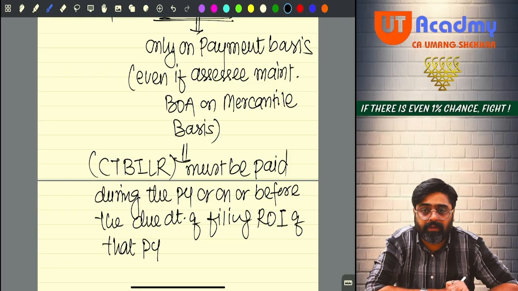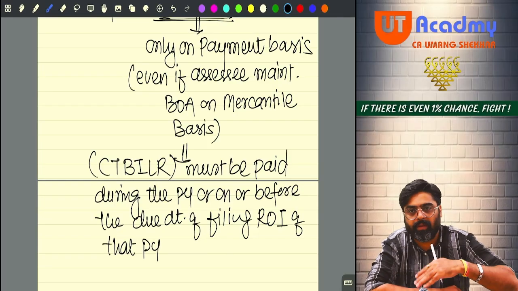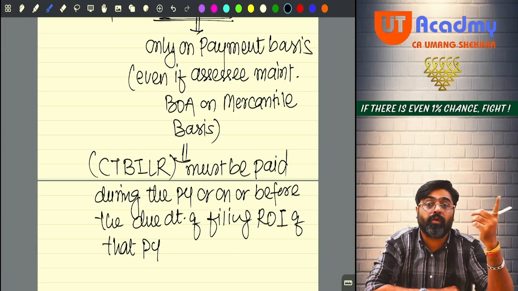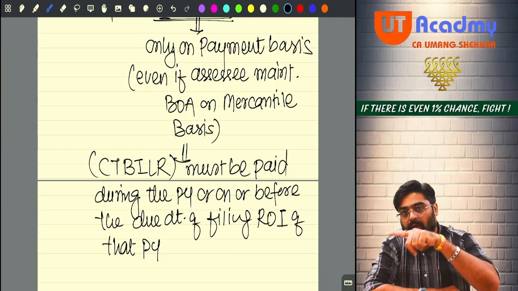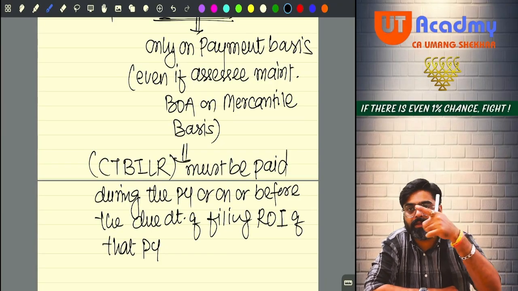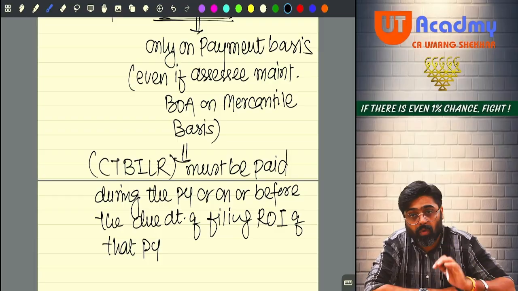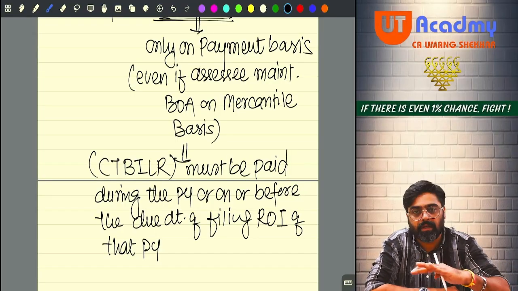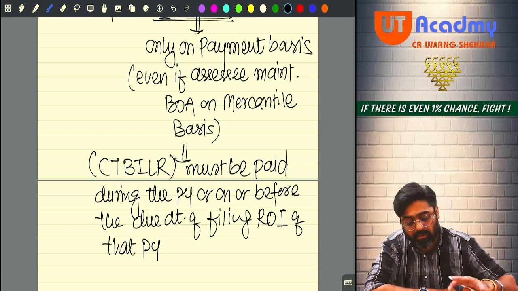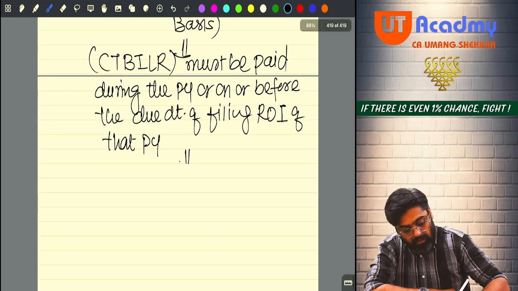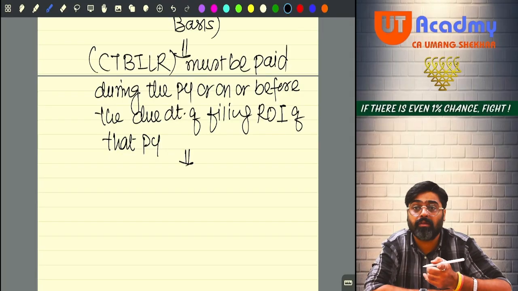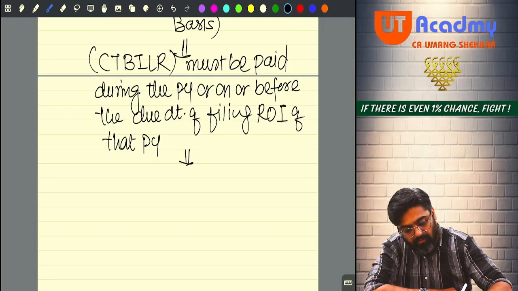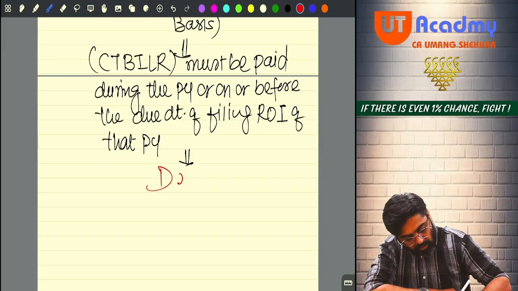So the year for which the expense was there, you have to make the payment in that same year, or on or before the due date of filing ROI of that previous year. Only then these expenses will be allowed as a deduction out of this year's income. But if there is a default, what type of default, sir?